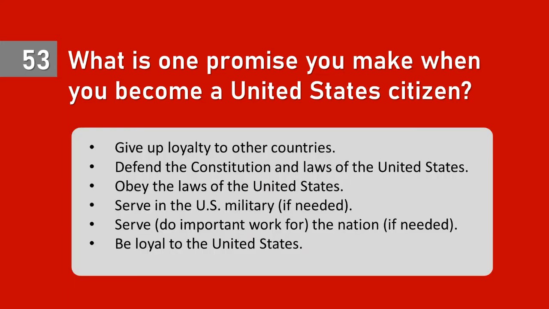Give up loyalty to other countries. Defend the Constitution and laws of the United States. Obey the laws of the United States. Serve in the U.S. military if needed. Do important work for the nation if needed. Be loyal to the United States.